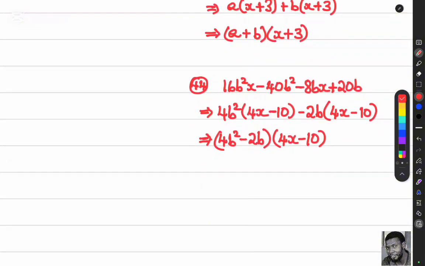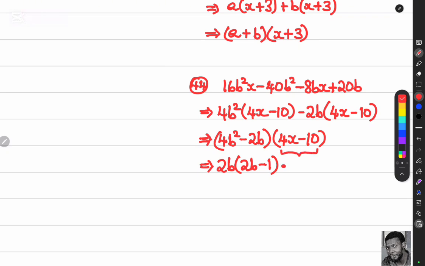Okay, let's finish this one. We can factor out 2b, and our answer there will be 2b minus 1, followed by 4x minus 10. Even here, we'll have to factor out.